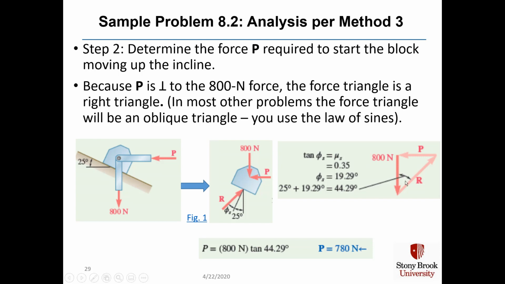Therefore, the angle that we put in here is 44.29 degrees. Then, because this is a right triangle, P is equal to the 800 Newton force times the tangent of the 44.29 degree angle. P is 780 newtons.